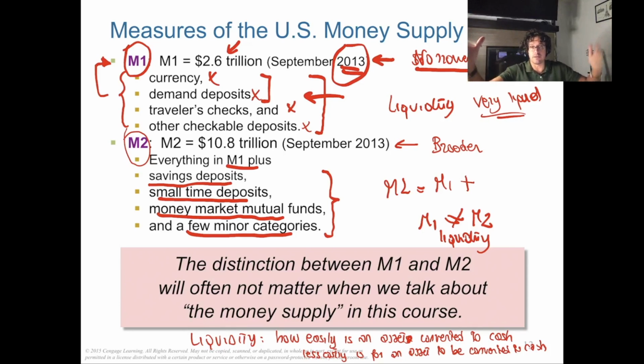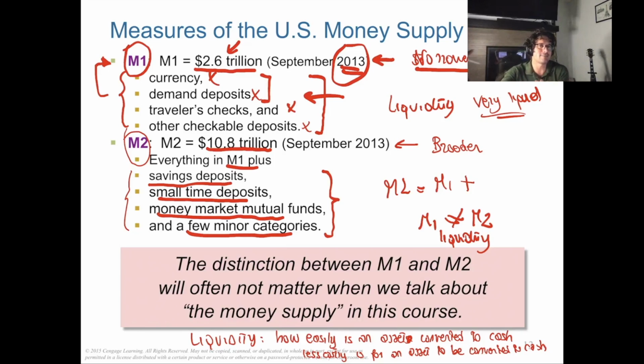Of course, M2 is bigger. Notice, M2 is 10.8 trillion in 2013, and M1 was 2.6. So M2 is the 2.6 trillion of M1 plus all these other pieces, which are given by savings deposits. Notice, savings deposits are different from demand deposits. Why? Because they earn a little bit of interest. You put the money there and you earn some interest.